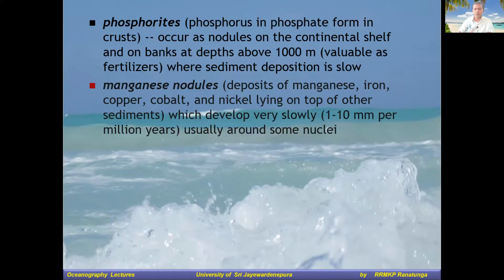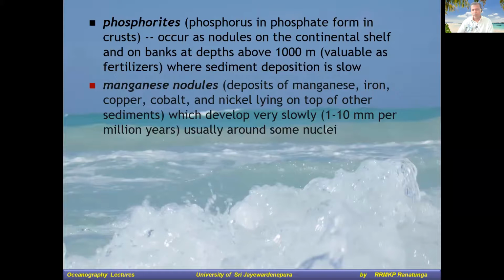Just like potatoes. They can be larger or smaller than a potato, and they are deposited in a large amount on the ocean bottoms. They can be deposited 1 to 10 millimeters annually, and they become potato size or even larger, and they are deposited in a huge amount.